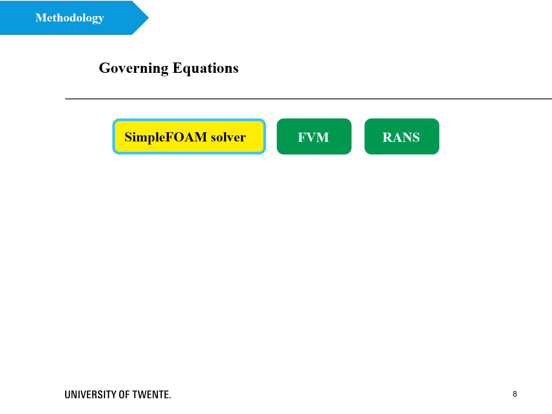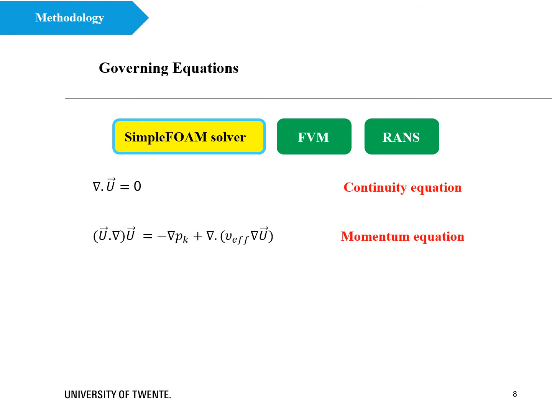The governing equations are continuity and momentum equations as written here. In the momentum equation, nu_eff is the effective kinematic viscosity defined as the sum of the kinematic viscosity of the flow, nu, and the turbulent or eddy kinematic viscosity, nu_t.